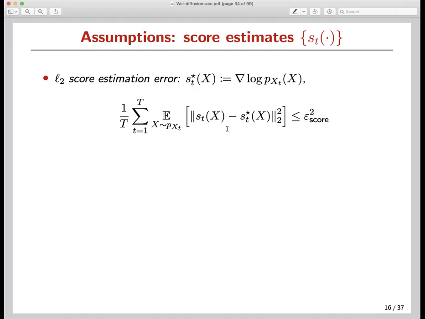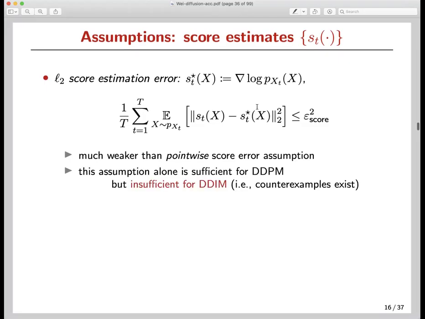This is a common assumption made in the prior theory about diffusion models. Notice that this is in the sense of an average, where you take the average across the time t and also an expectation over x. So basically, this is a relatively mild assumption.